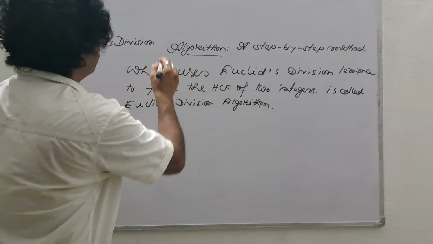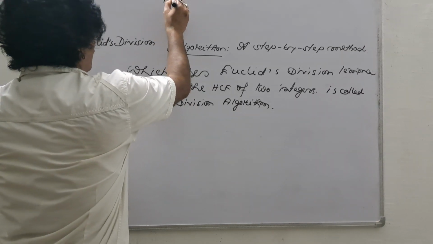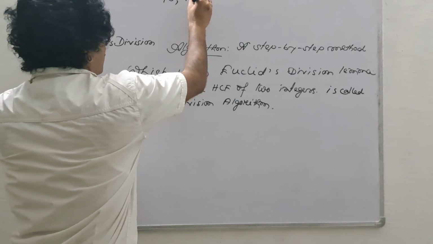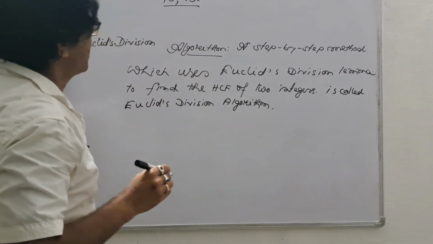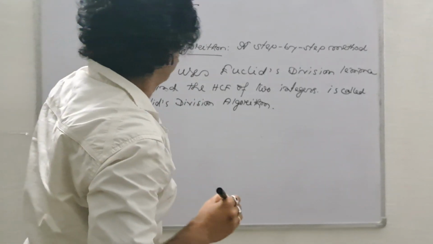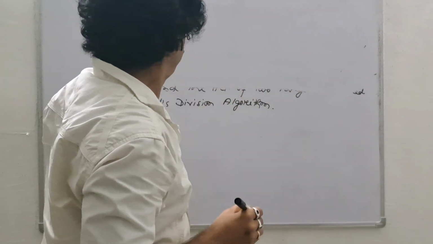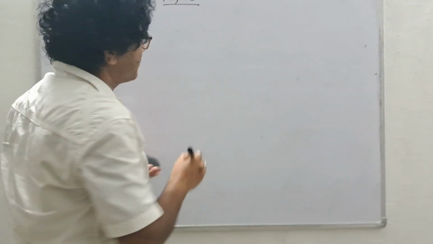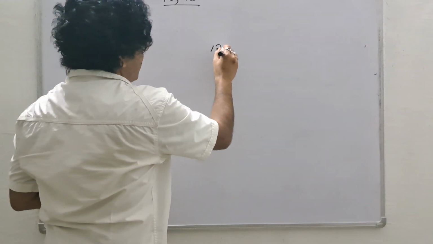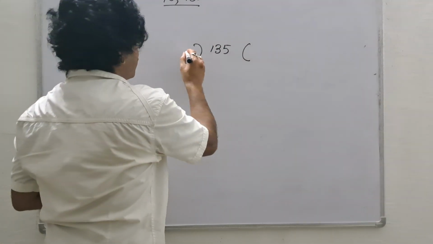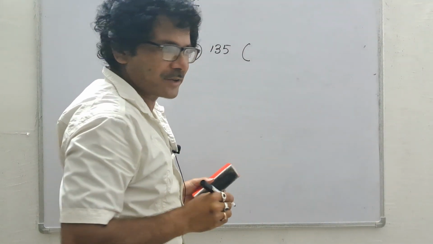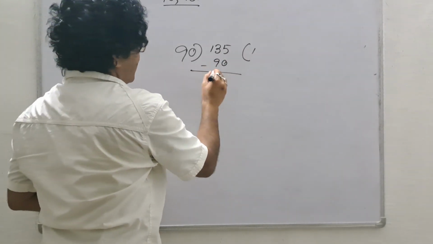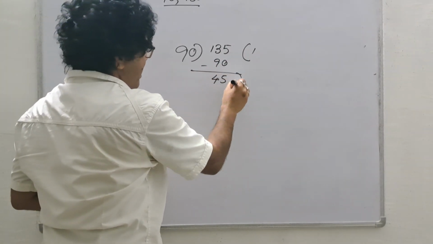Let us take: we have to find the HCF of 90 and 135 using Euclid's division algorithm. Which is greater here? 135. So divide 135 by 90. Quotient 1. 135 minus 90 is 45.